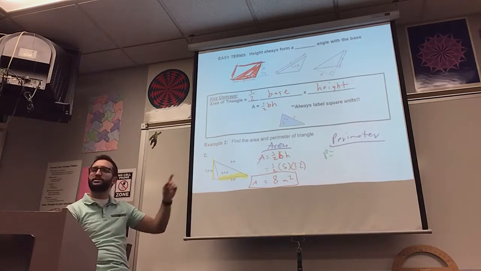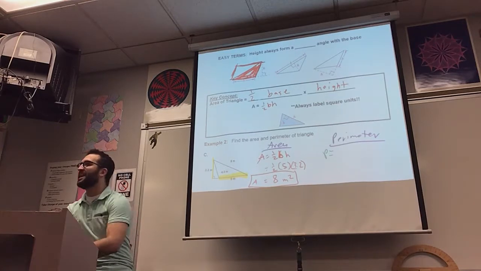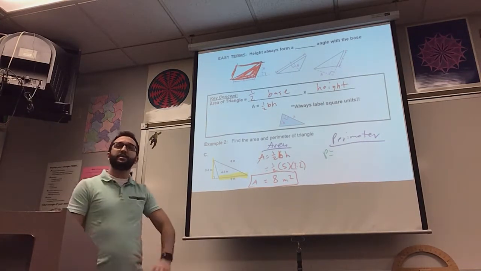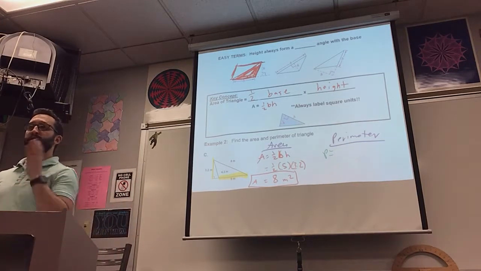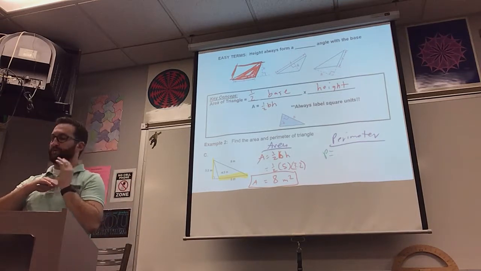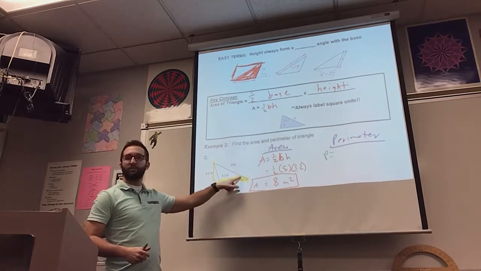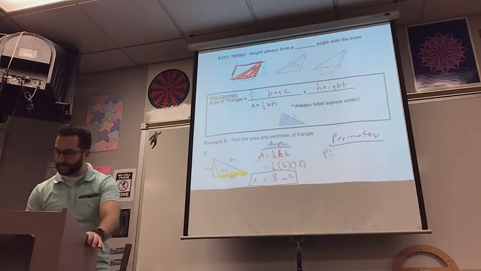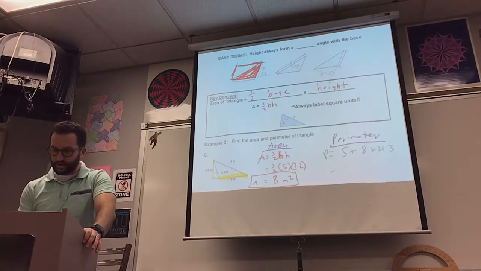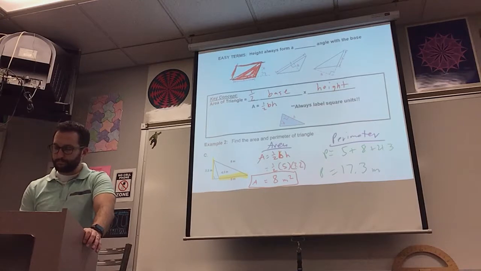How do I know that 3.2 is not a side of my triangle? It's that dotted line. It's the height of my triangle, which makes it so that it's not going to be a side. There is one instance where the height of my triangle will be a side. That's with a right triangle. Notice, what if this line was solid? Then it would be part of the sides. Okay? But it's not. So this is 5 plus 8 plus 4.3. Perimeter equals 17.3 meters. Not squared, right?